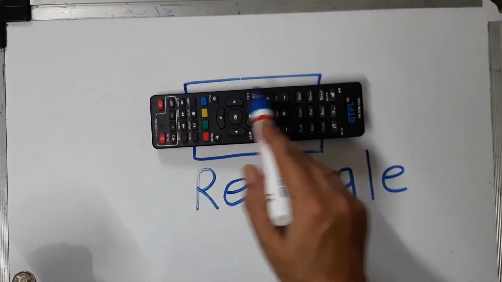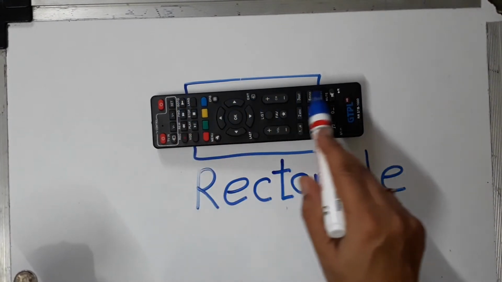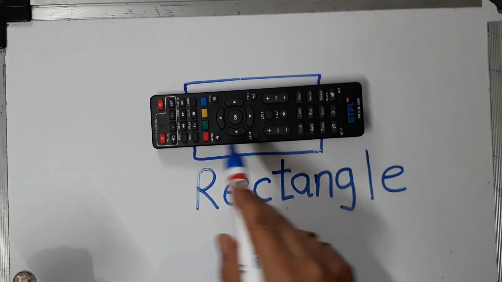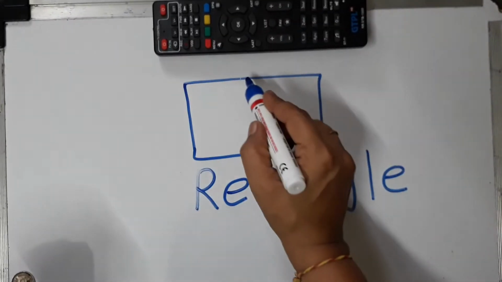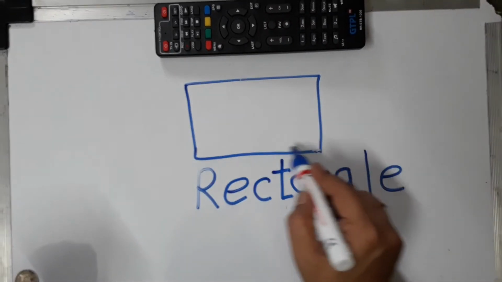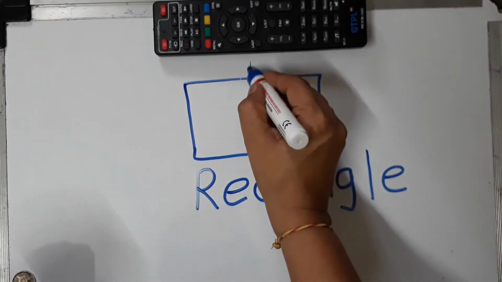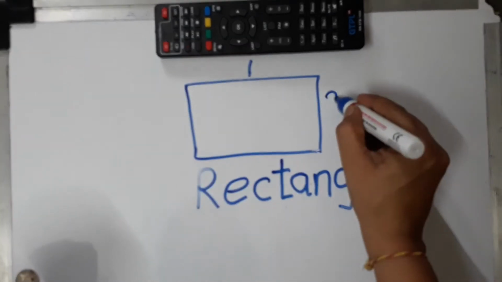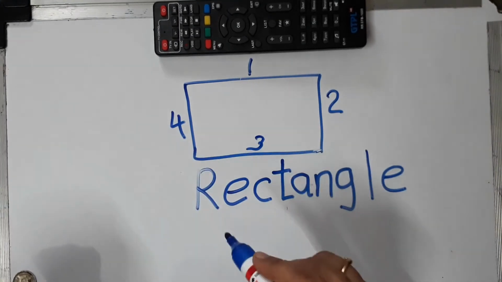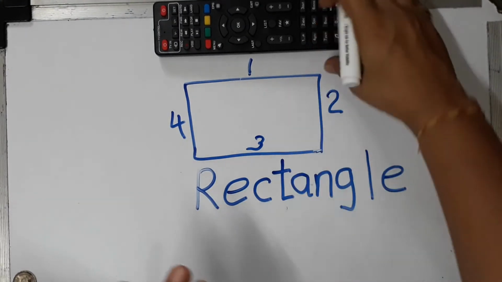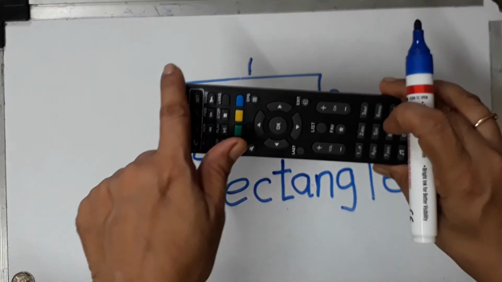See, it has 4 sides. 1, 2, 3, 4. Okay. This is a side of a rectangle. 1, 2, 3 and 4. And it has 4 corners.